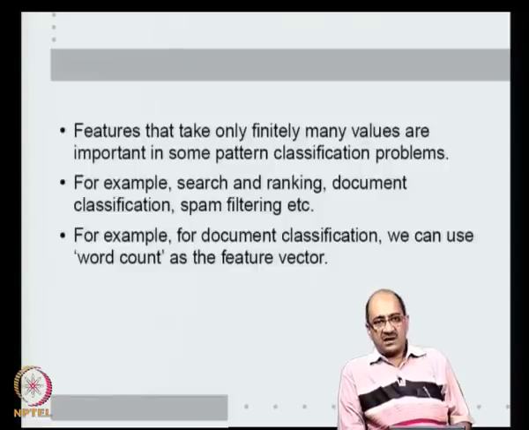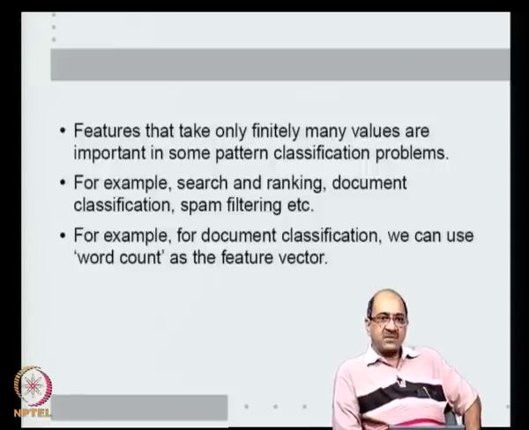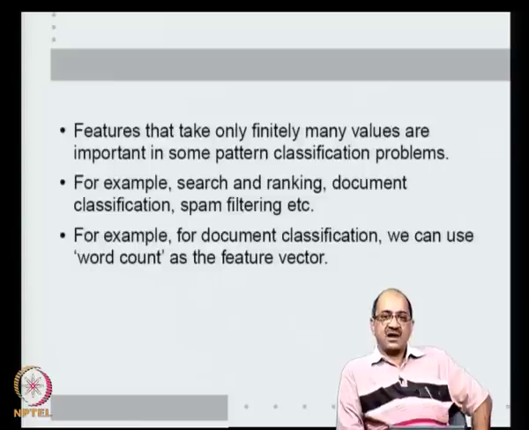A very good feature vector is to ask for different words how many times the word occurs. If I get words like elections, constituency, Rajiv Gandhi or Rahul Gandhi, then I would think it is a political story. On the other hand, if I get words like balls, goals, kicks and so on, maybe it is a sports story.